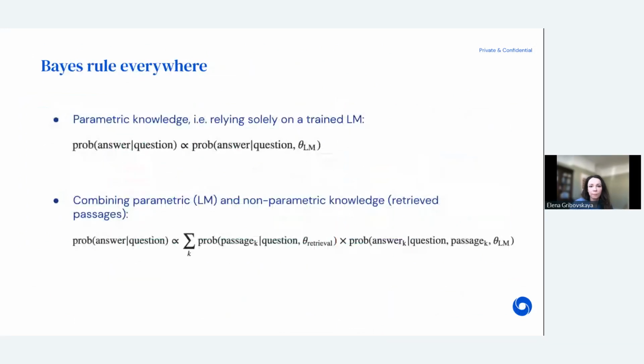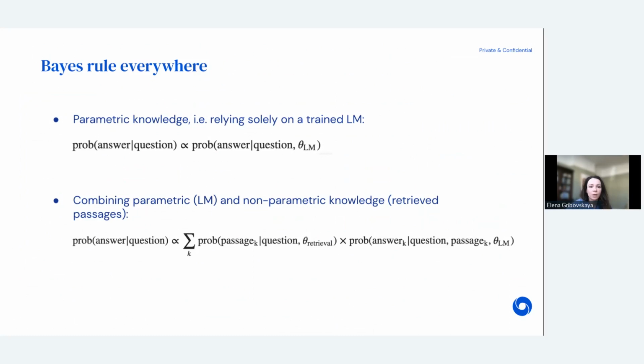So what does the retrieval augmented model do differently? First, if we only use parametric knowledge and rely solely on a trained language model, then what the model does during generation is essentially estimate the probability of the answer given the question. This is conditioned on the parameters of the language model alone and information stored in the weights.